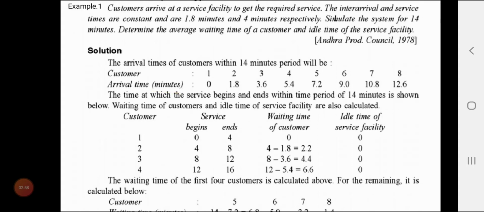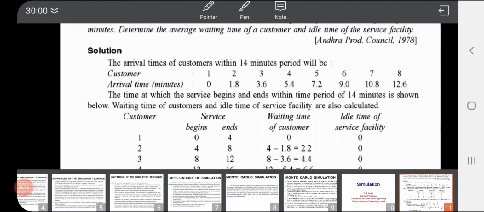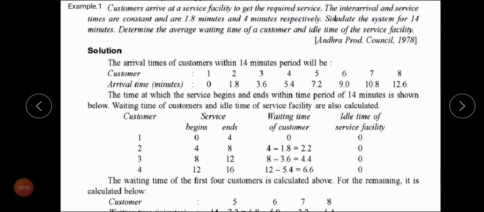Let the first customer come at time 0, interval 0. So your time starts with the first customer. The arrival time of the first customer is 0. Then for the second customer the interval is 1.8.